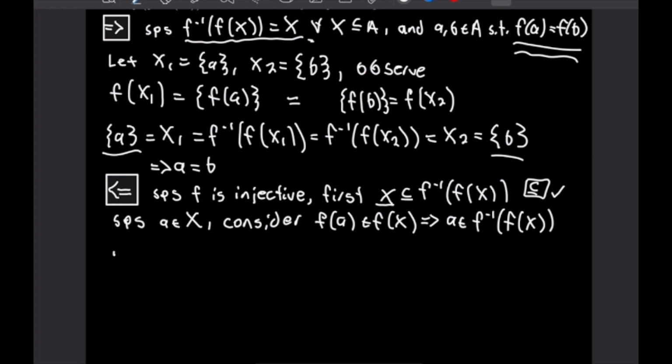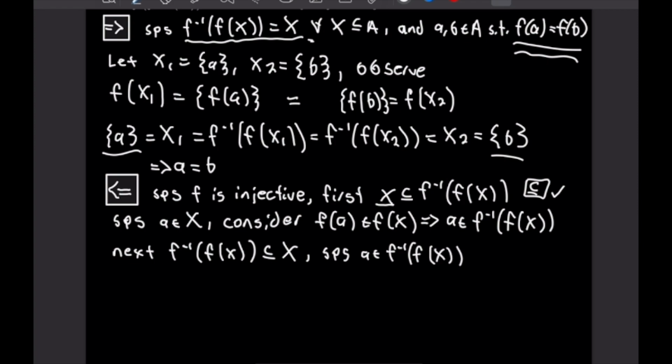So let's do the reverse inclusion. Next we will be showing that the pre-image of the image of x is a subset of x. And since we didn't use injectivity for our first inclusion, we must use injectivity for our second inclusion. So just like before, we're going to suppose that we have an arbitrary element a, which is from our pre-image of the image of x. And we want to show that that means that a is in x.